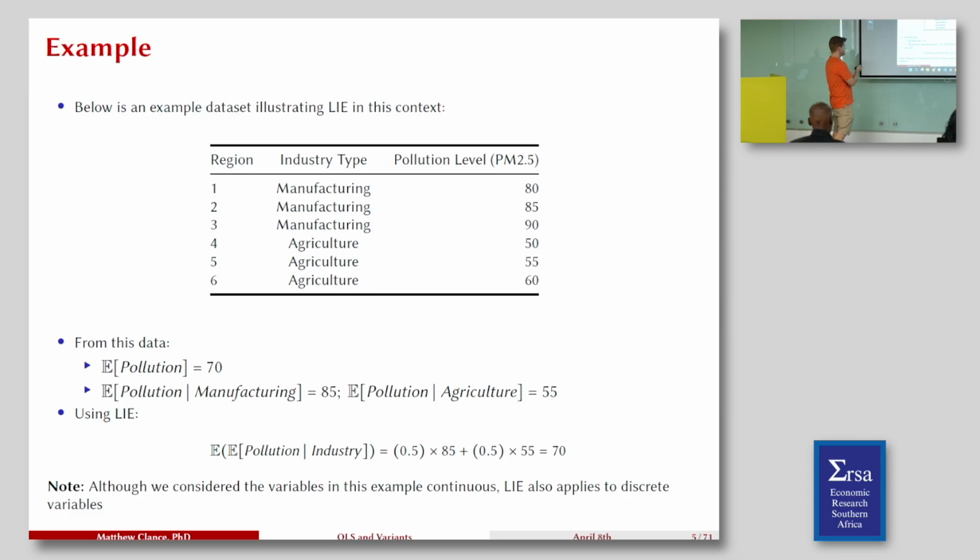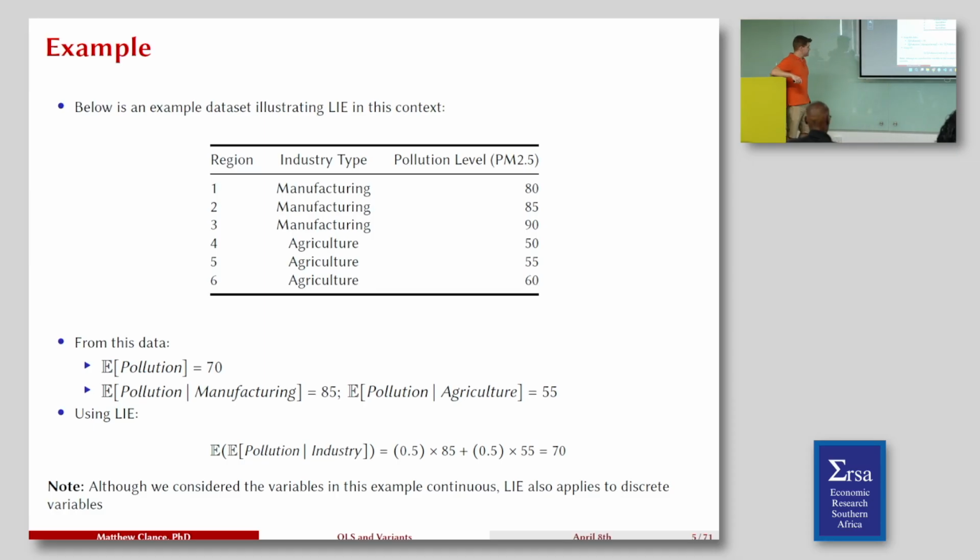From this table, we can find that the expected pollution is 70, where the pollution coming from manufacturing is 85 and the pollution coming from agriculture is 55. Using this, in this case I've made it 50-50 just to simplify everything. We get our expected outcome with respect to pollution given the industry.